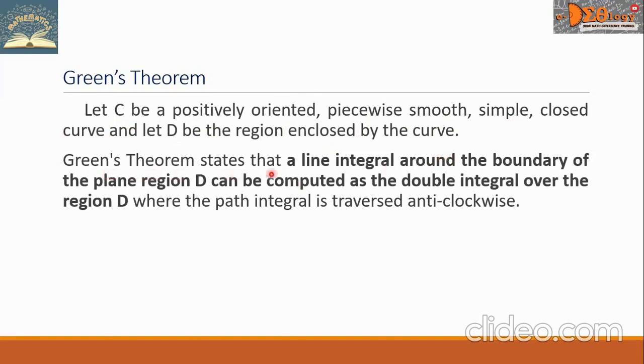Green's theorem states that a line integral around the boundary of the plane region capital D can be computed as the double integral over the region D, where the path integral is traversed anti-clockwise.